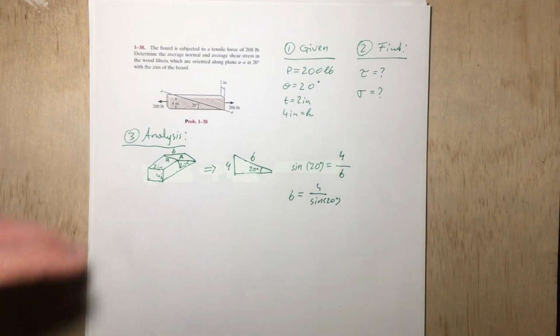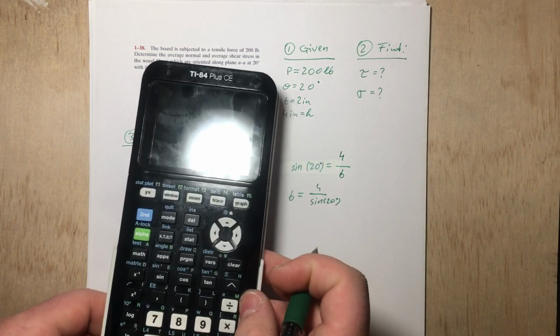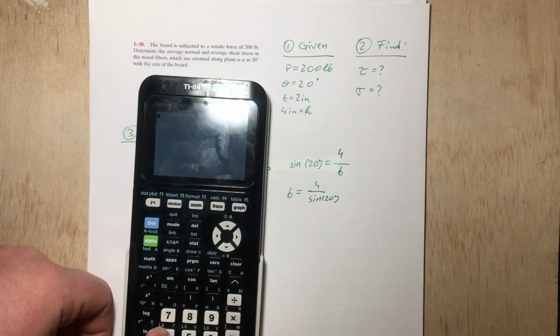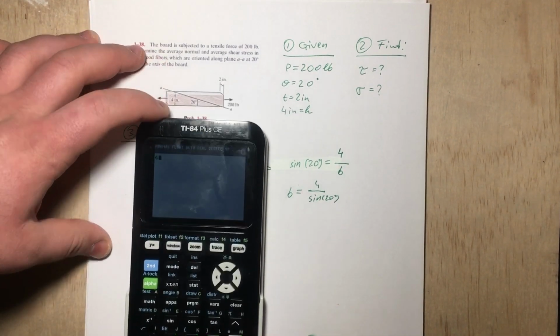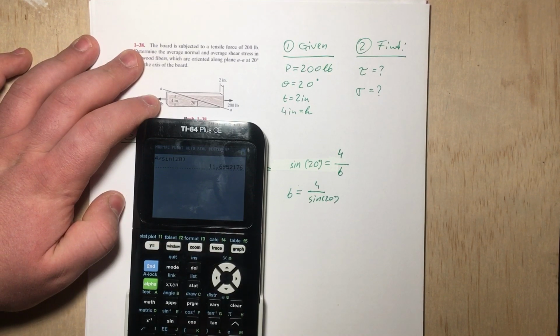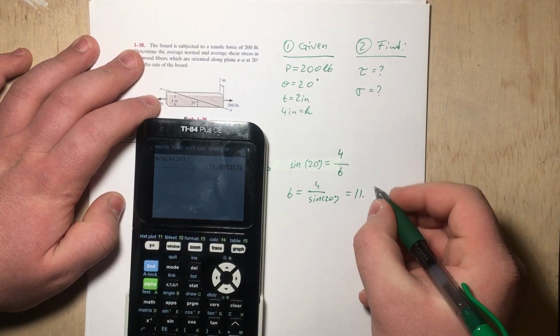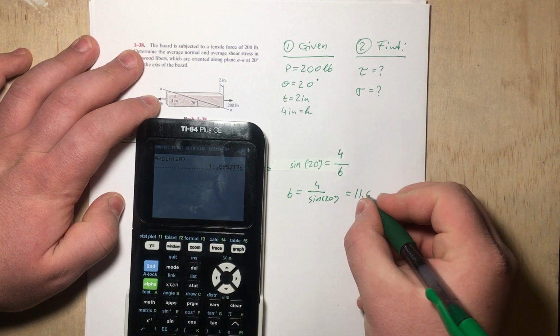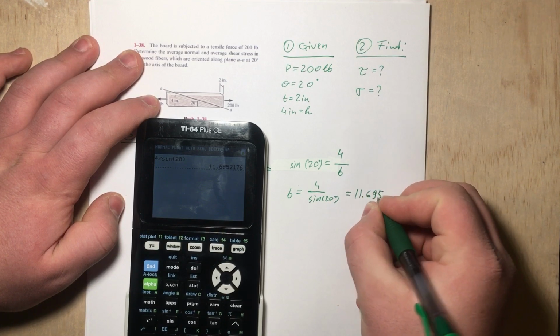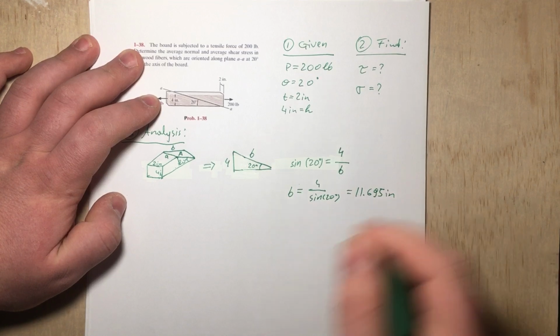So let's go ahead and plug that into our calculator and see what that equates to. So 4 divided by sine of 20. And always make sure that you are in degree mode. So B is going to be 11.695, and that's of course in inches.